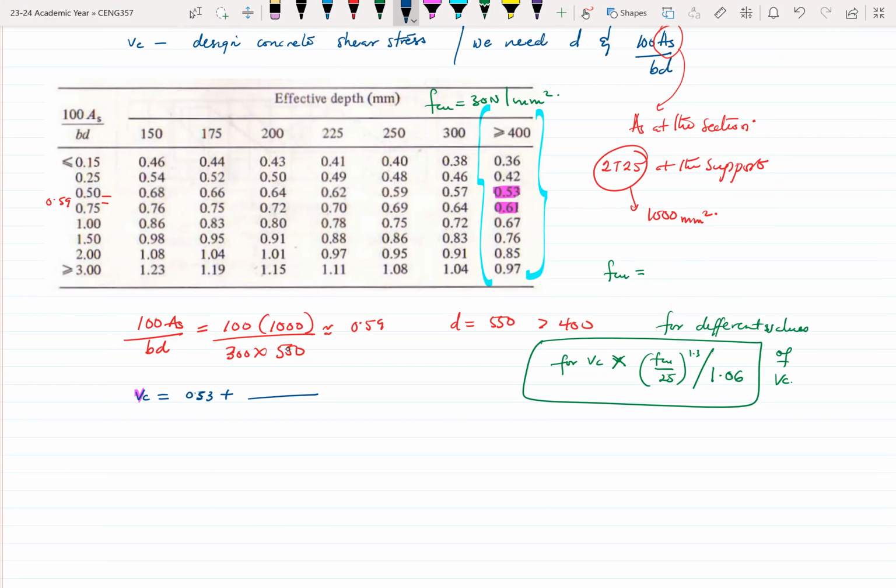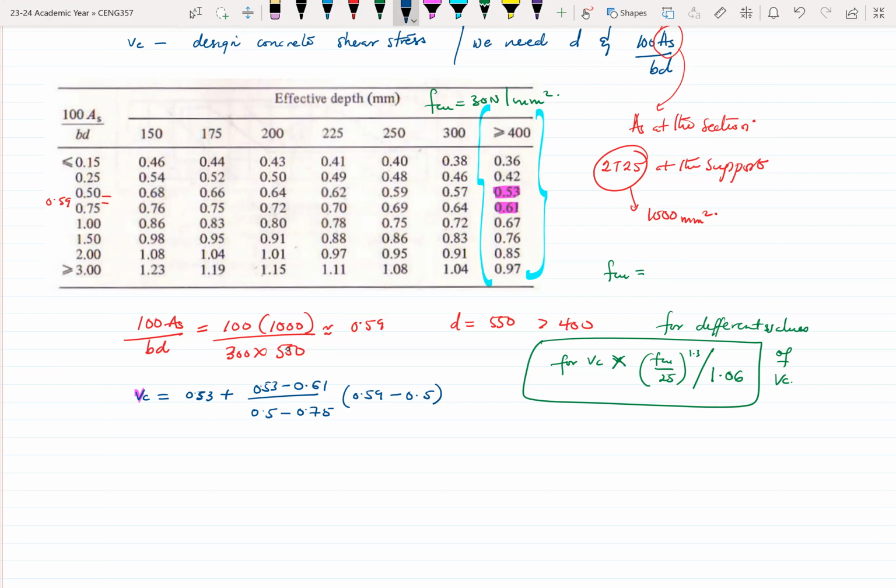plus 0.53 minus 0.61 over 0.5 minus 0.75 times 0.59, which is our x, minus 0.5.